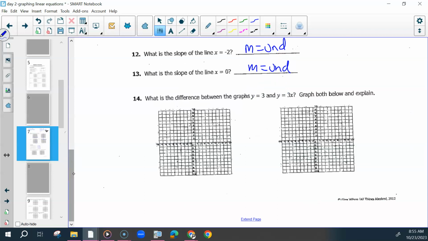And then let's do this really quickly. On this side, I'm going to do y equals 3, graph it, and y equals 3x on the other side. Go ahead and graph those two.